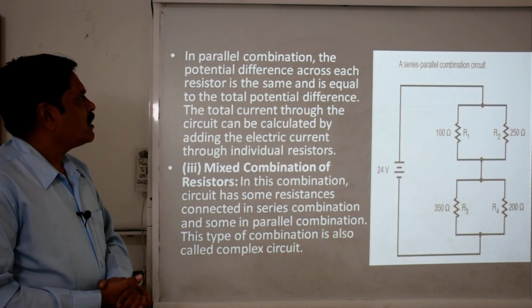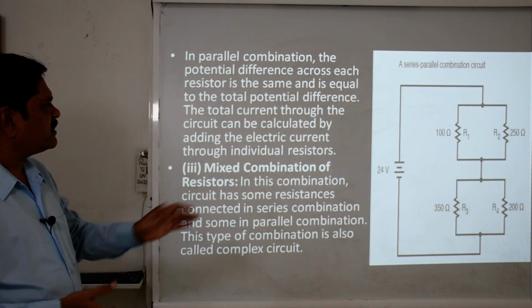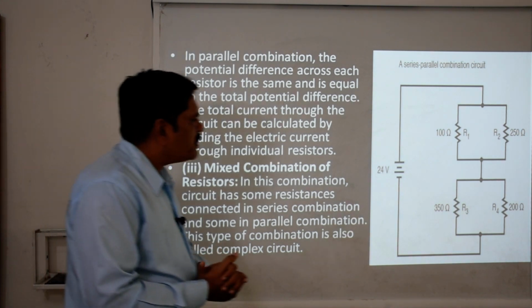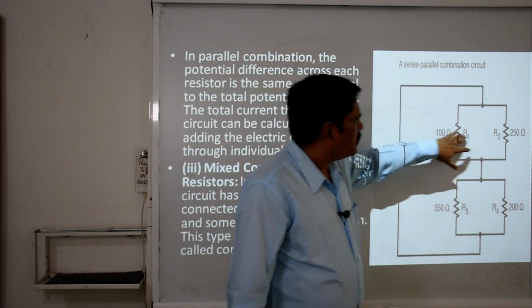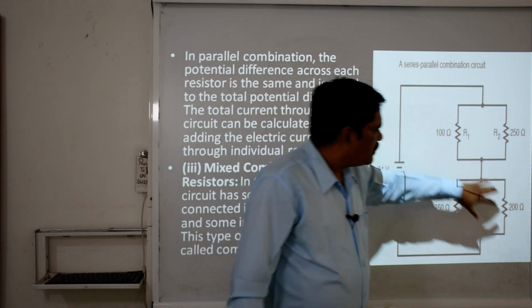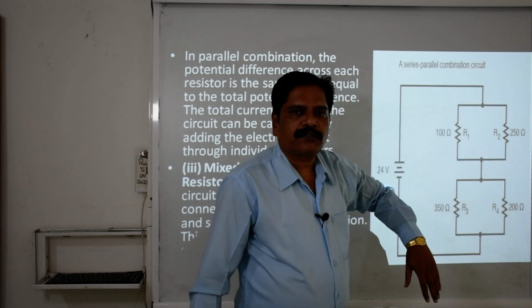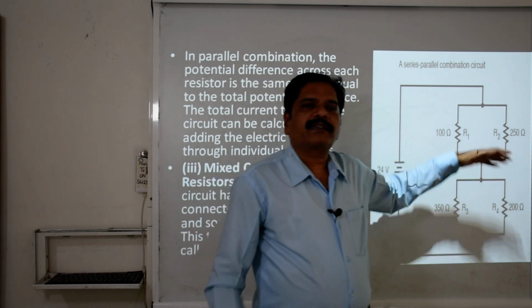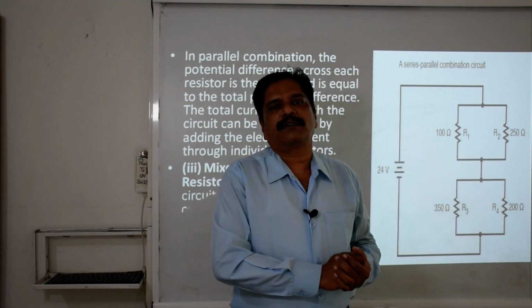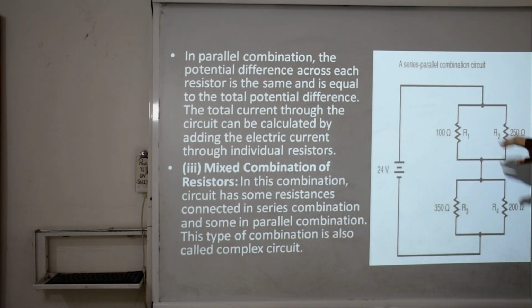Now we are going to discuss one more type of resistance arrangement, that is the mixed combination of resistances. Here you can see that these two resistors are in parallel, and these two are in series.